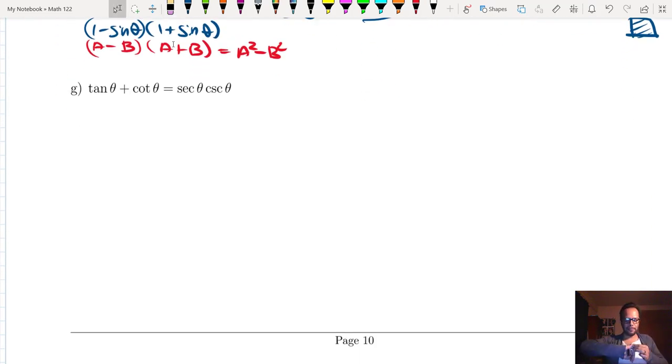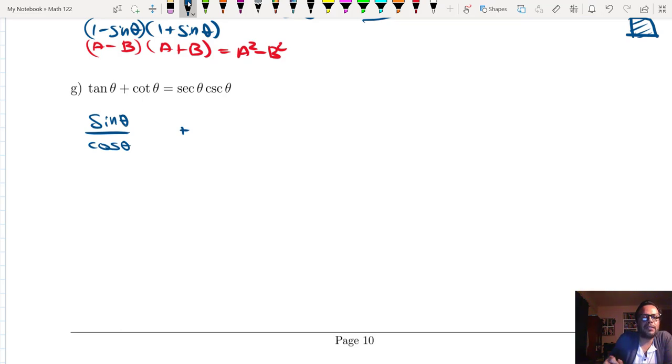Letter G. Okay, let's do letter G. Our goal is to turn tangent plus cotangent into secant times cosecant. What's going to be the trick here? The trick here will be to write down tangent as sine over cosine.